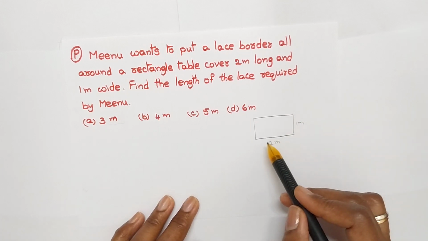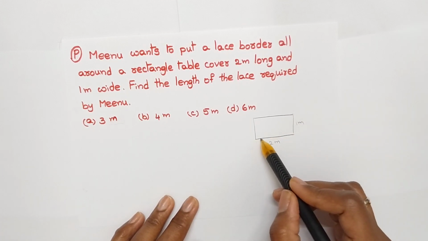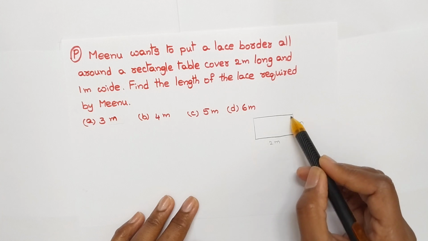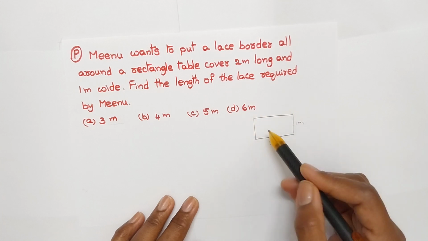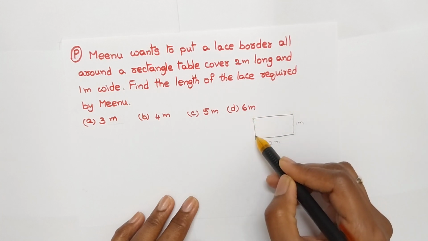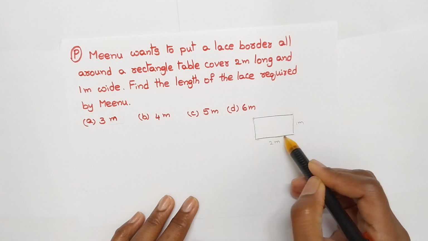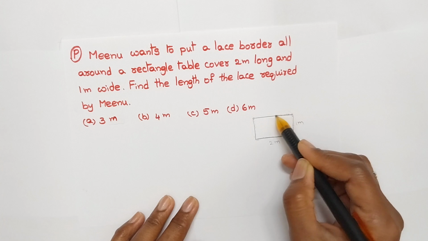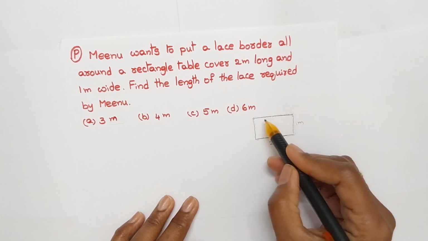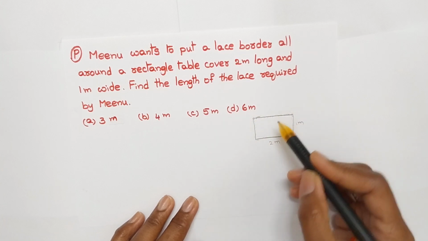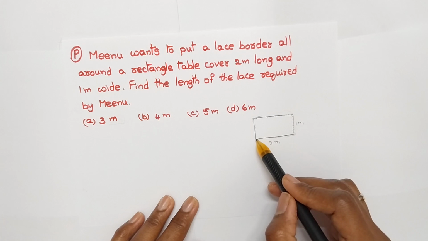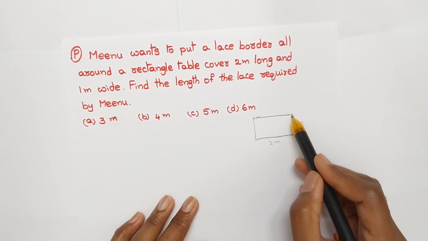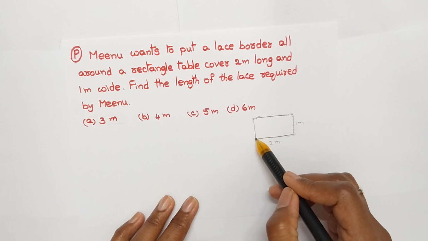To put a lace border all around the table cover. The lace border will be put around the table cover, so it's almost equal to the perimeter. Why? What is the perimeter? The total length of the edge of the closed shape.